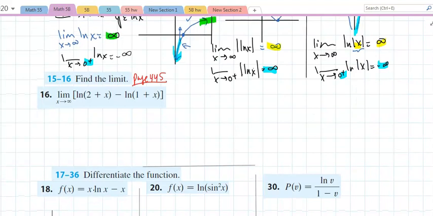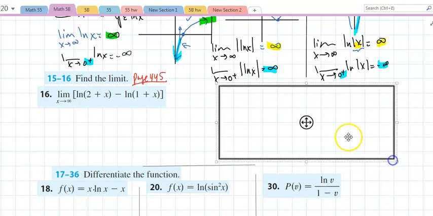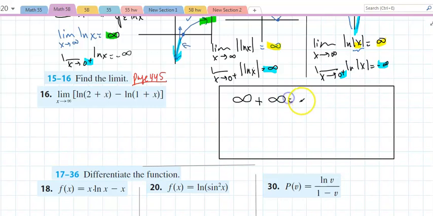Alright? Now, a couple of things I want to get out of the way. A few things that come up later. We're not there yet, but this is the class that deals with those. Think of it as large numbers. When I say infinity, don't think of infinity as this unreachable number. Think I have a very large number and I'm adding a very large number. Wouldn't that be extremely large?